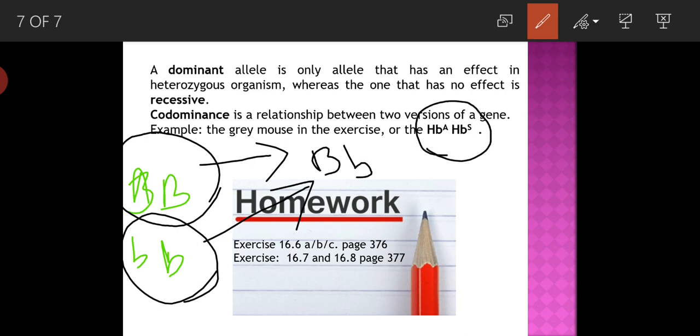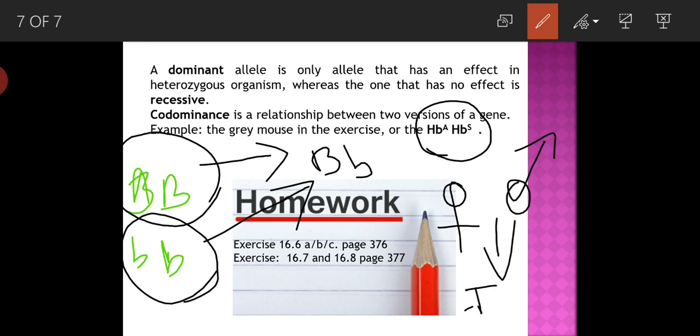It is also a type of codominance when we have two features from the parents, from the mother and from the father, and they are expressed in codominance in the offspring, or in the first generation. So this lesson is a general review, to give a general idea about genetic concepts.